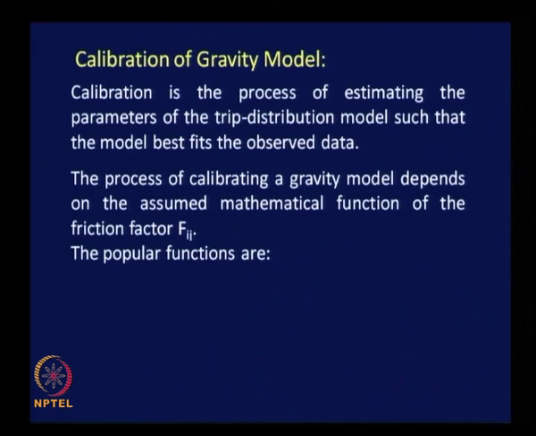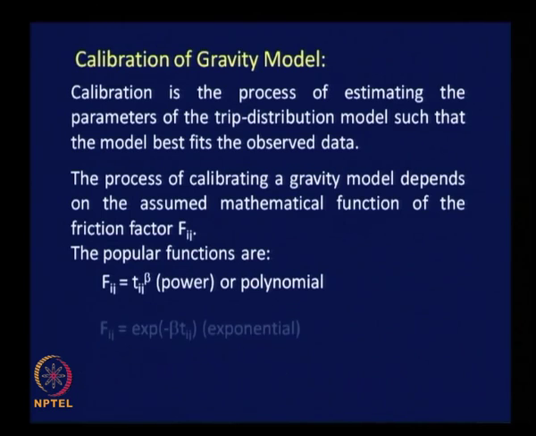The popular functional forms are these. Fij is given as Tij raised to power some parameter beta. It could be beta, A, B or C, whatever, right, and this form is called polynomial form or power function of Fij.